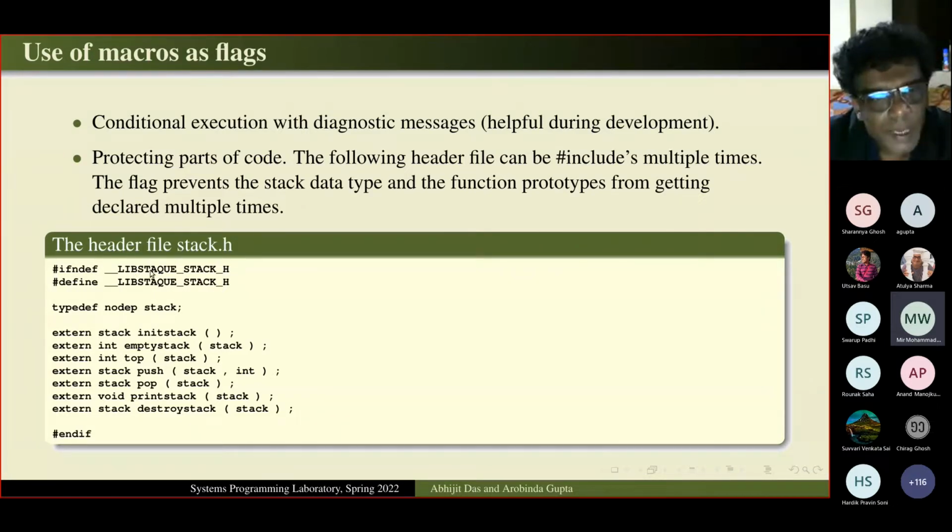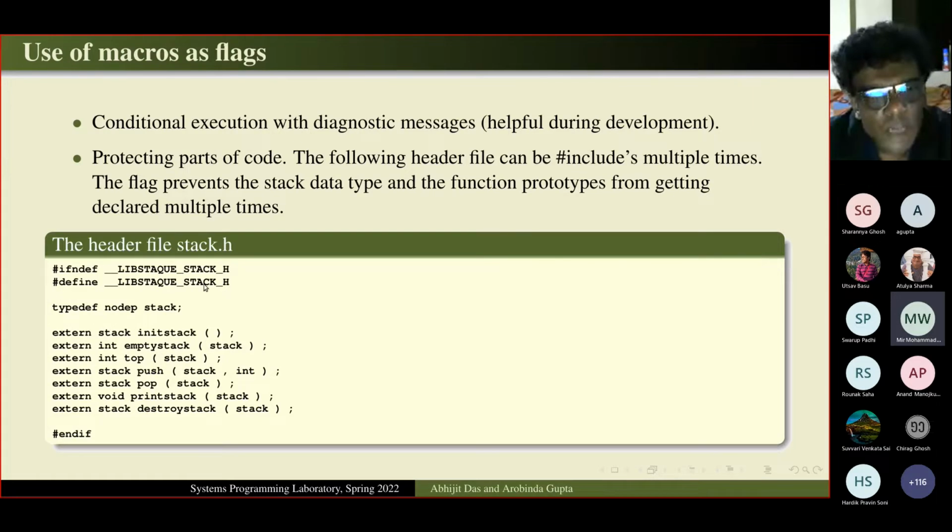So essentially this flag will prevent this portion of the code or the header file from being included multiple times. If it is not defined, include this and also define this.